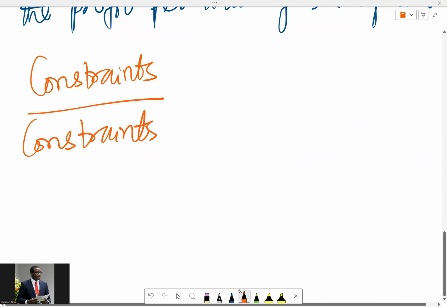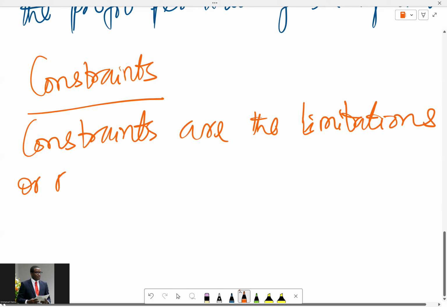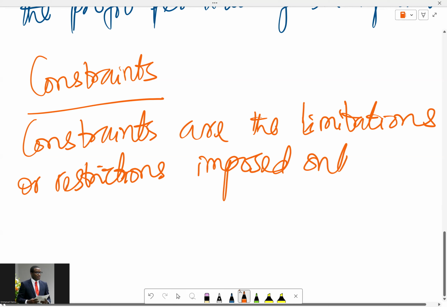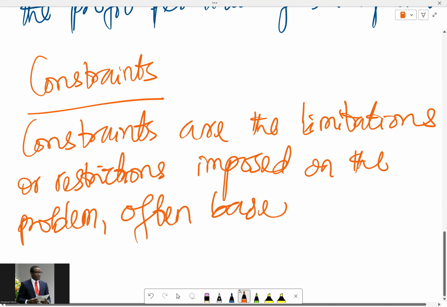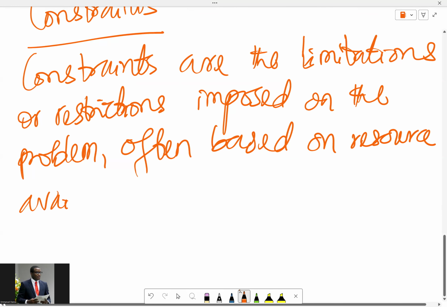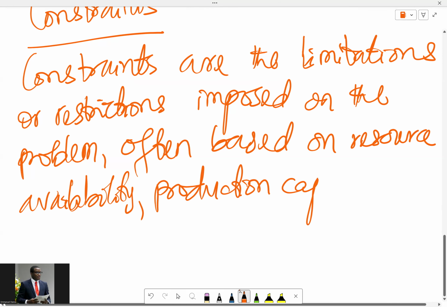So constraints are the limitations or restrictions imposed on the problem, often based on resource availability, production capacities, or specific requirements.